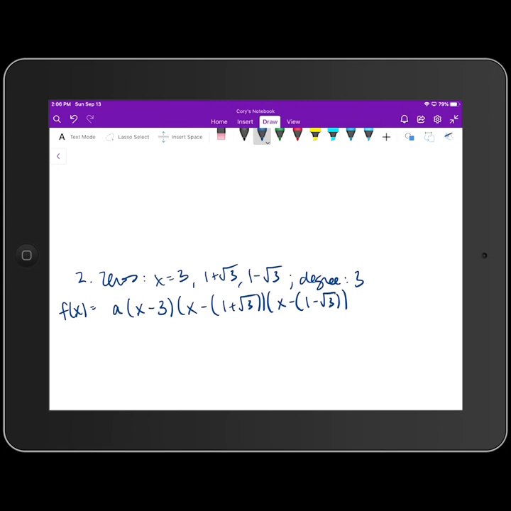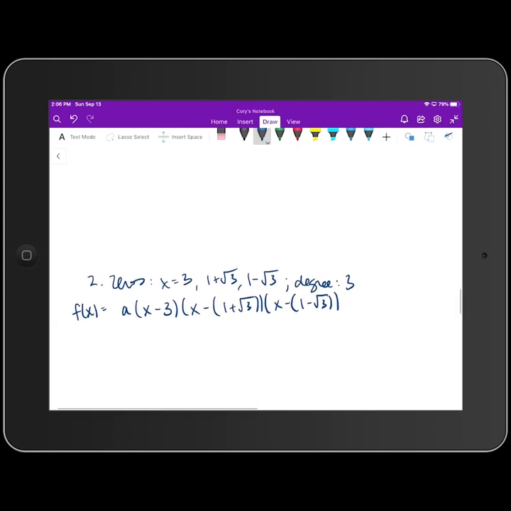Again, we can multiply that out front by a, and that's not going to change the location of the x-intercepts or the zeros. But again, just like I did in the previous example, I'm going to choose a to be equal to 1. That way I don't have to multiply at the very end. Okay, so I'm going to rewrite this really quick.